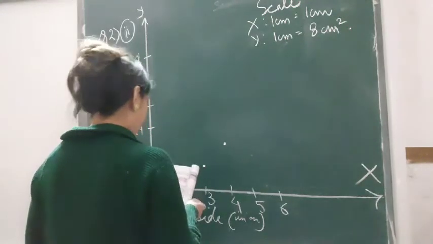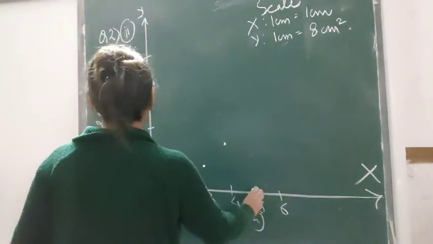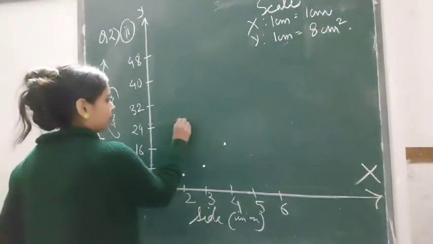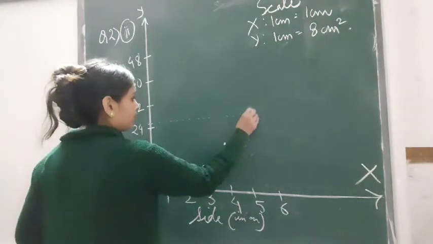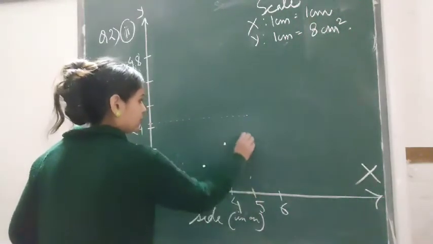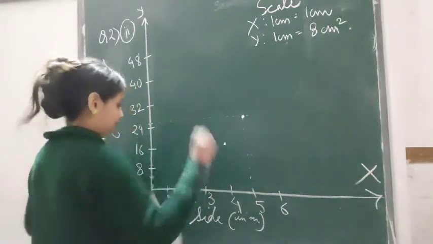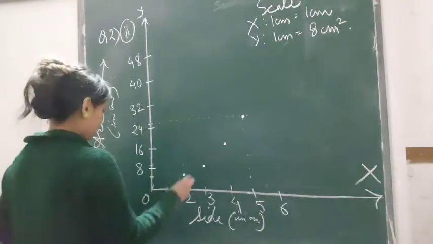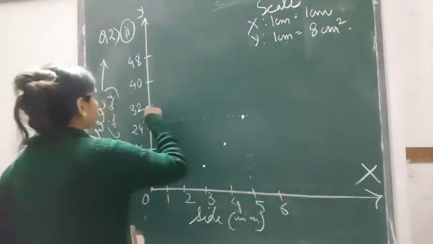Side is 5, area is 25. 25 will come somewhere here. Side is 6, area is 36.